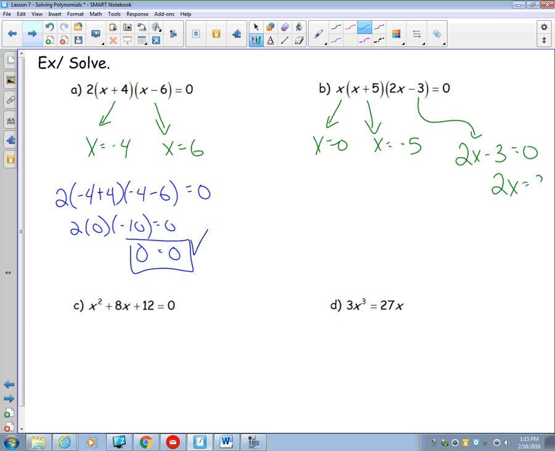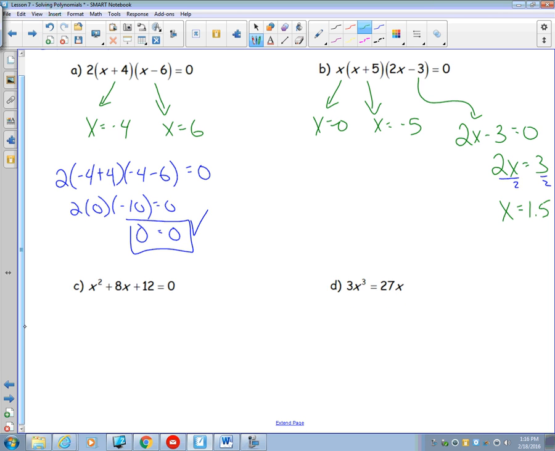Numbers on one side, letters on the other. I divide both sides by 2, and I get x is 1.5. So this one has 3 solutions. There are 3 different values that make this come out to 0. If I can make things look like factored form, I can find my zeros, which means I'm finding my solutions.